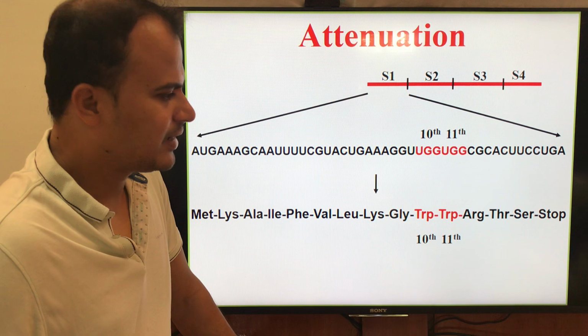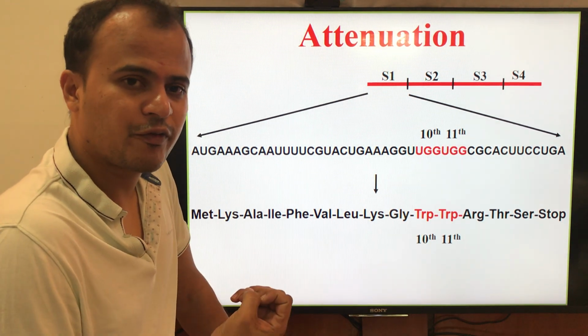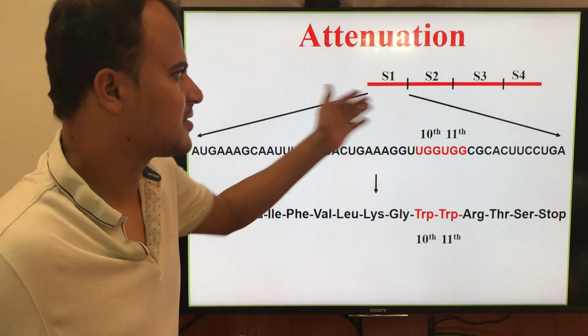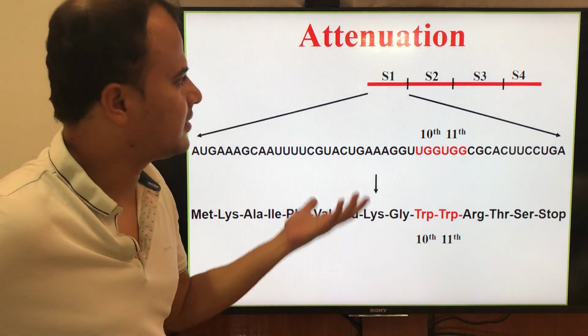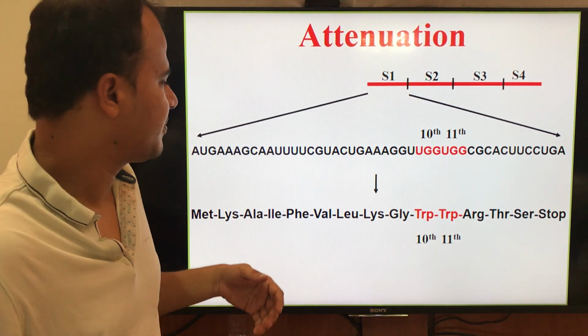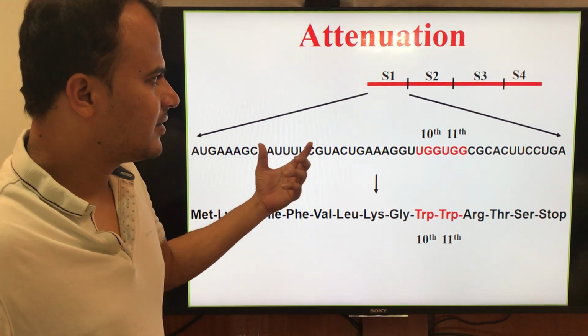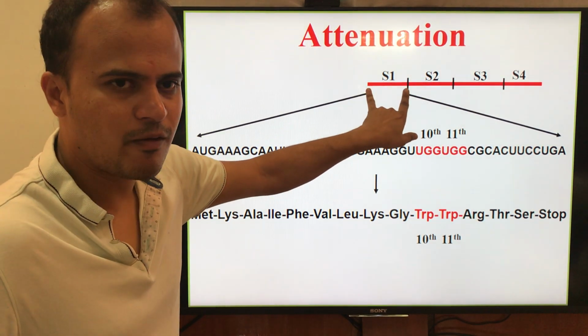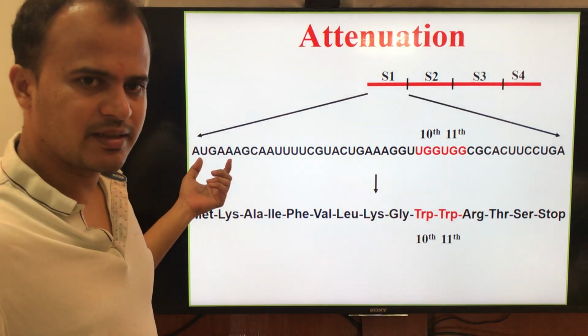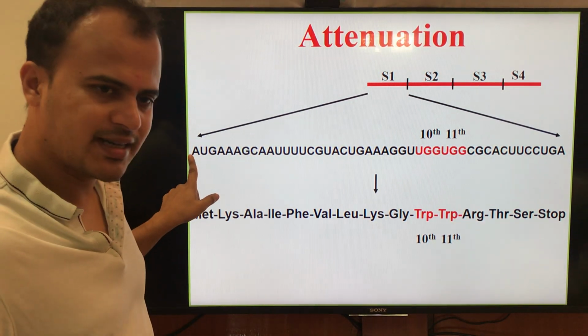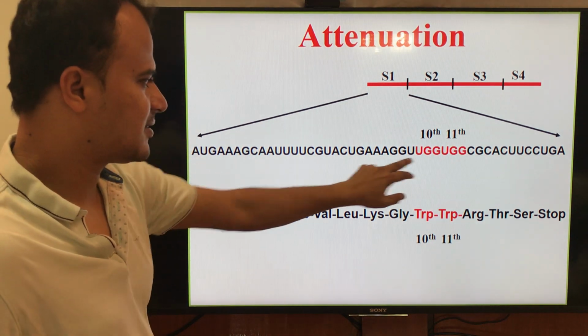I hope all of you have understood that this is the mRNA with 4 segments which have complementary sequences with each other. Here the sequencing of S1 gave us the nucleotide sequence like this.